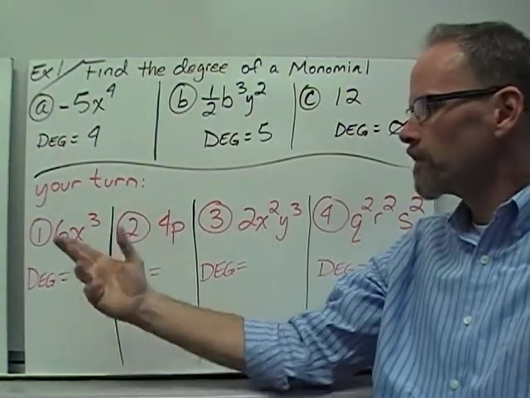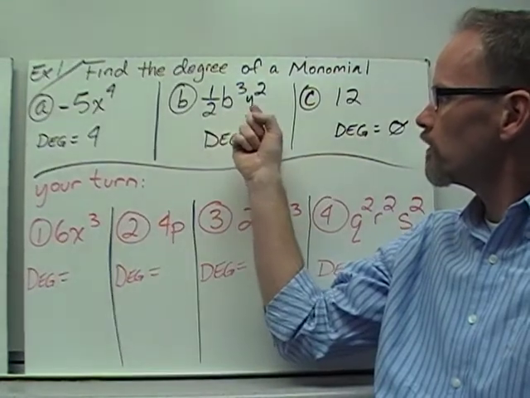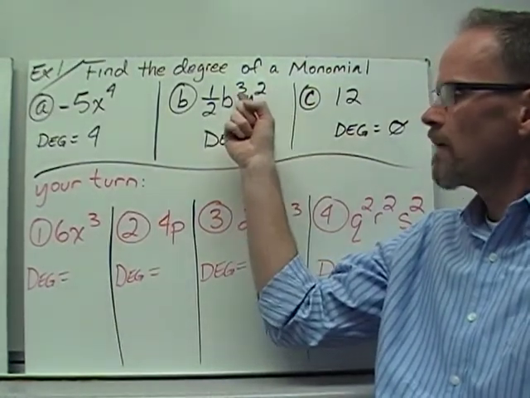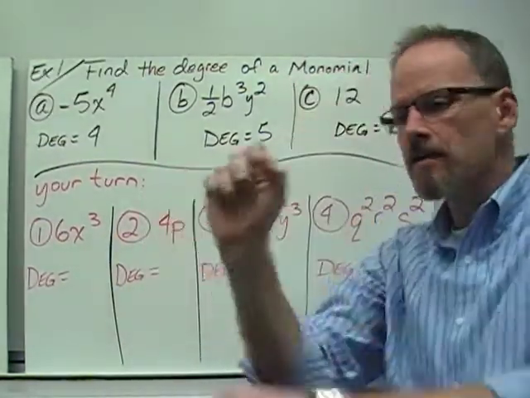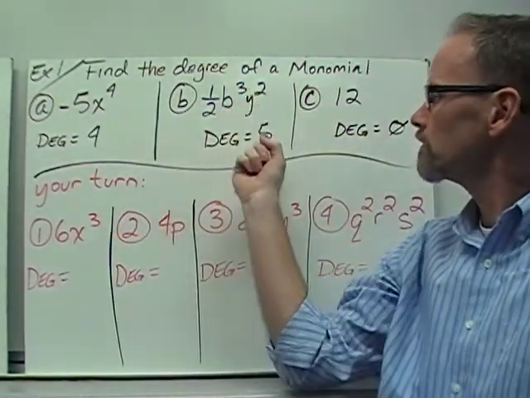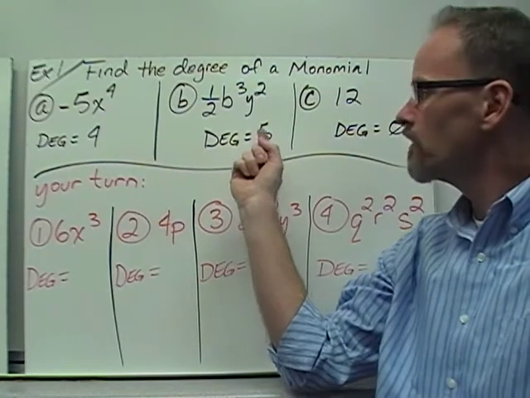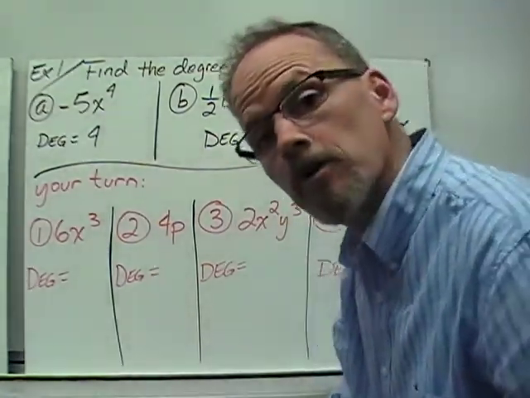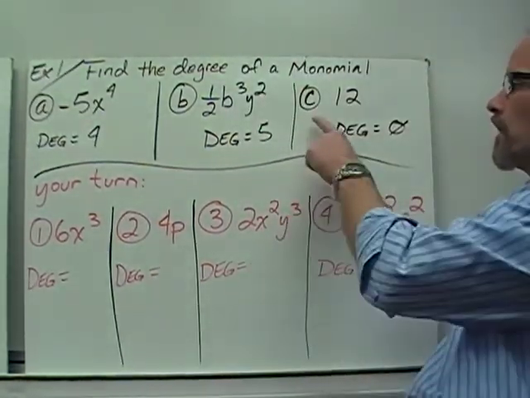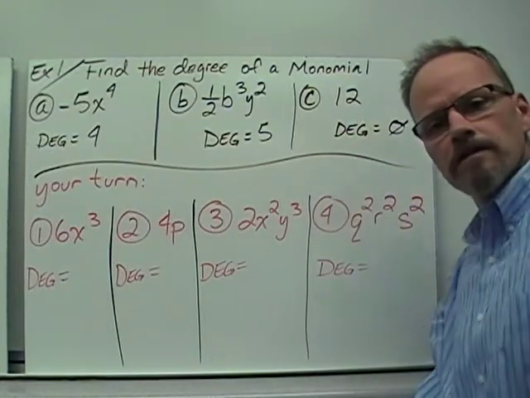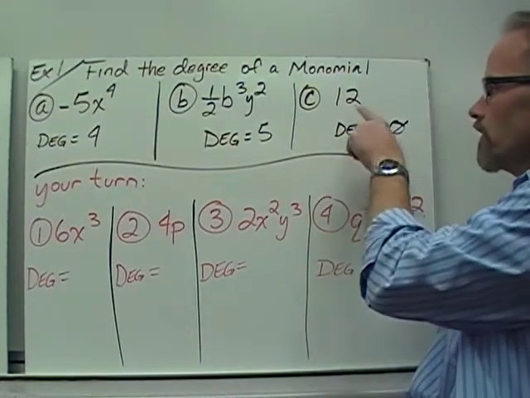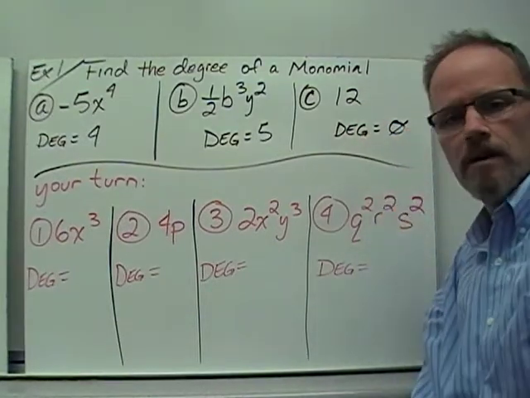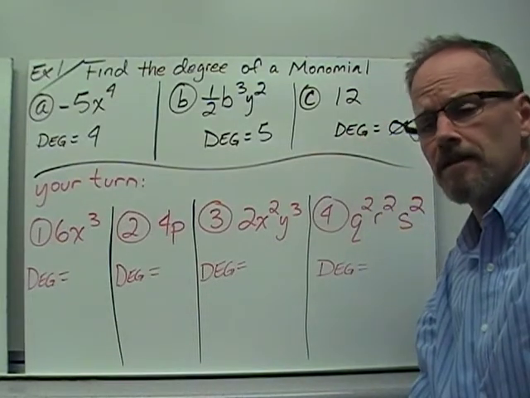You may remember from the first page, I look at the variables and it's the sum of the exponents. So we're going to add 3 plus 2, and that's where we get 5. This is a degree 5 monomial. And here we have this option again, 12, there's no variable, so the degree is 0. There is no degree for a monomial that's only a constant.